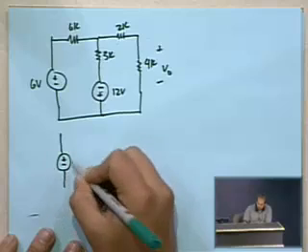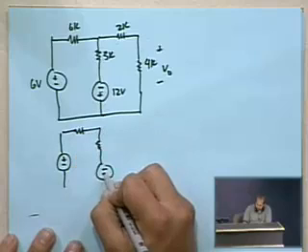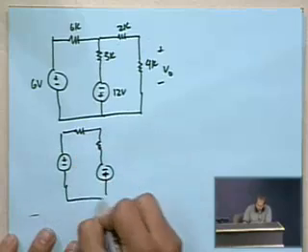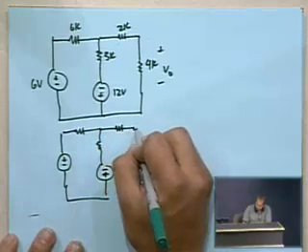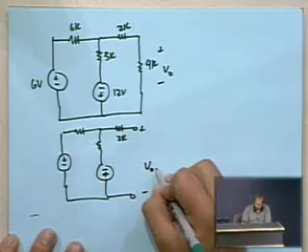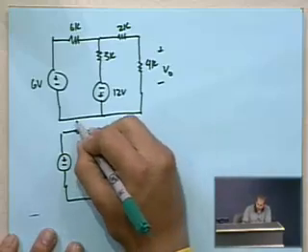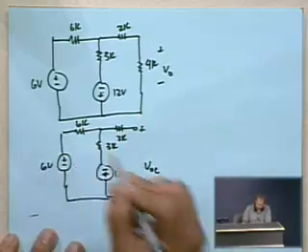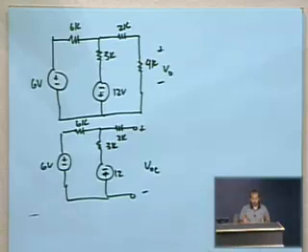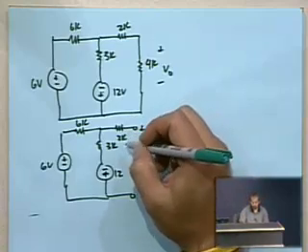So we've still got most of the same circuit, plus the 2K resistor hanging off here, and we want to solve for the open circuit voltage. 12 volt source, 3K resistor, 6K resistor, 6 volt source. Now again, there's no current flowing through this 2K resistor, so it won't contribute anything.